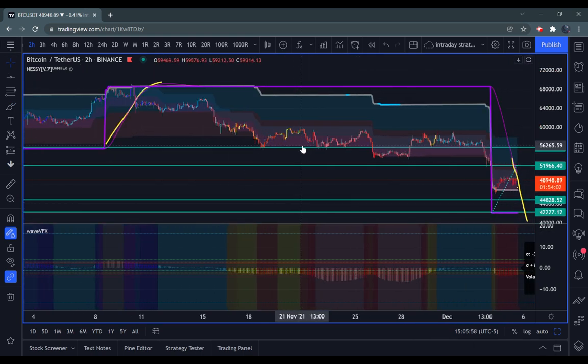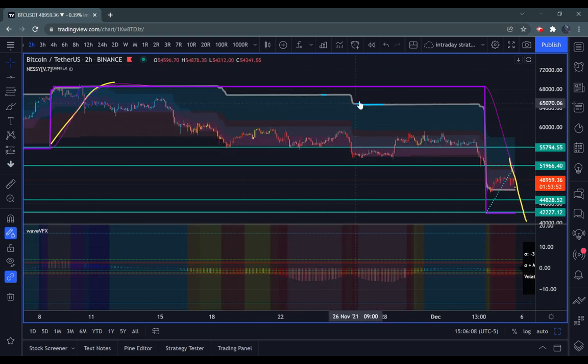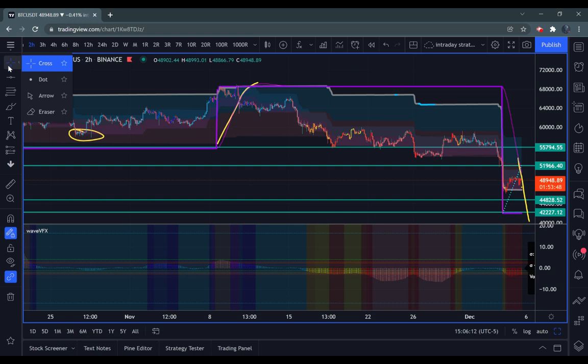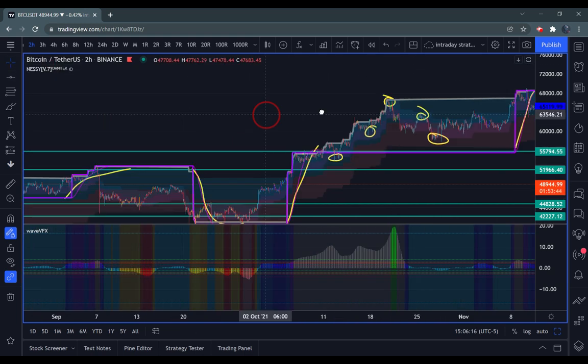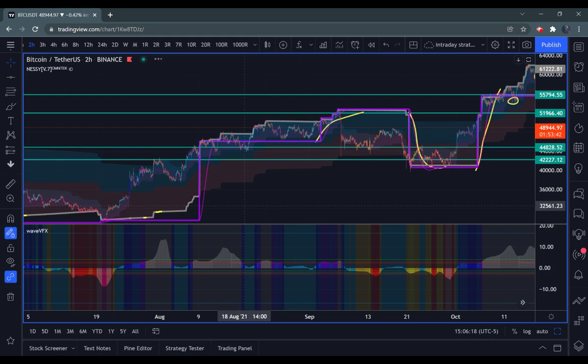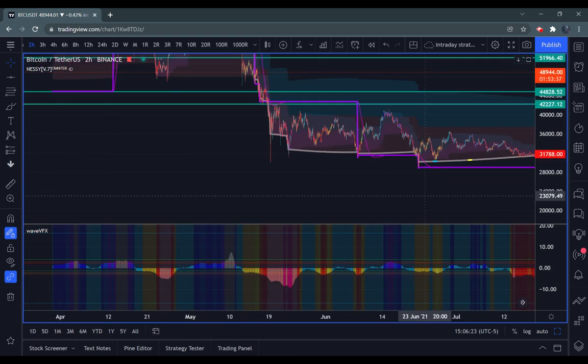The last thing I want to cover, right? I don't want to get into the bar coloring, because the bar coloring is V-Wave FX, and that's going to be another video. But the next thing I want to cover is these color gradients that you see on the gray line, right? So this is still experimental, as I haven't fully dove in and refined it as much as I wanted to.